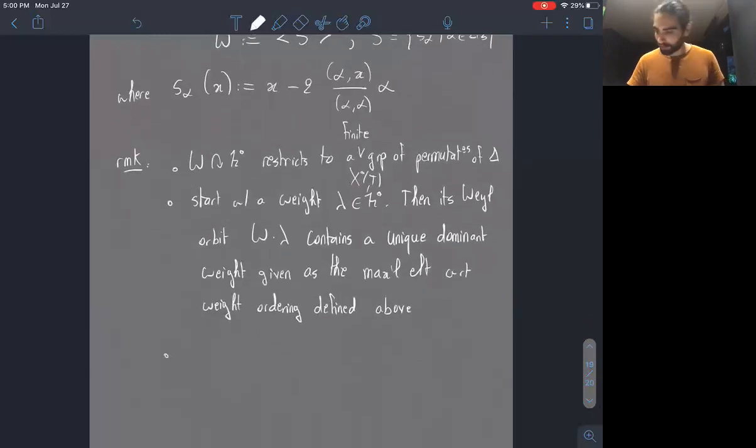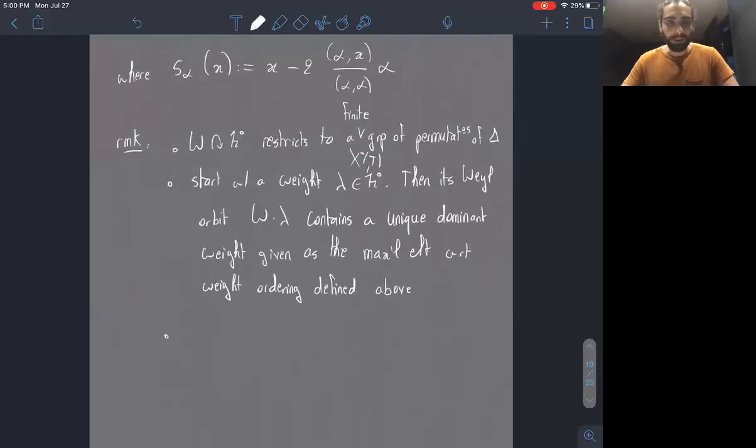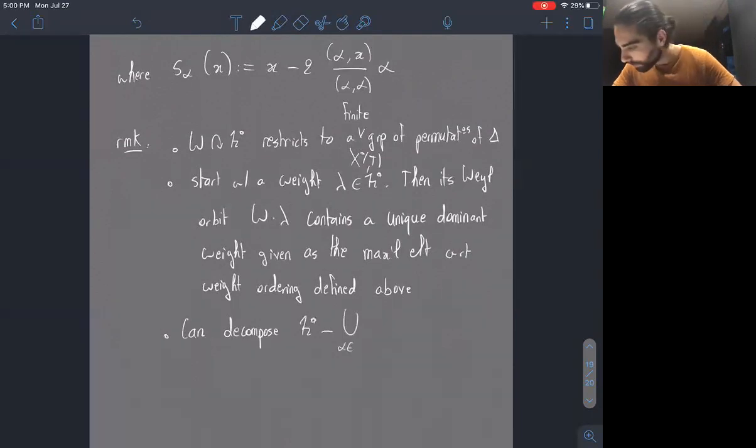And one last remark here, that's also in a similar way, sort of looking at orbits under the Weyl group. So you can decompose H star minus the union over all, I believe, it's either positive or simple roots. But maybe Alberto can remind me which one it was.